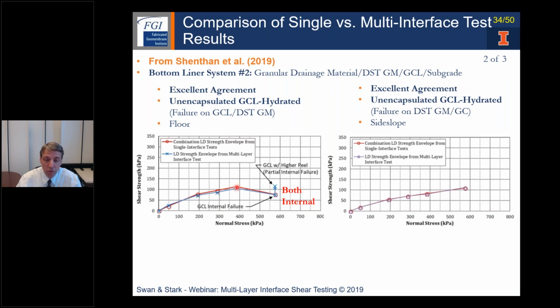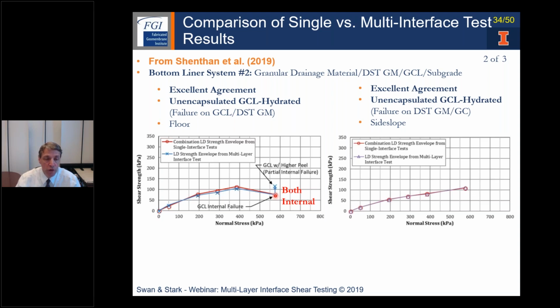And then an internal failure of the GCL occurs in both the single and multi-interface tests, and that results in this last point on the large displacement envelope dropping significantly down to this point. Even with a little higher peel strength of the GCL, there's still an internal failure.